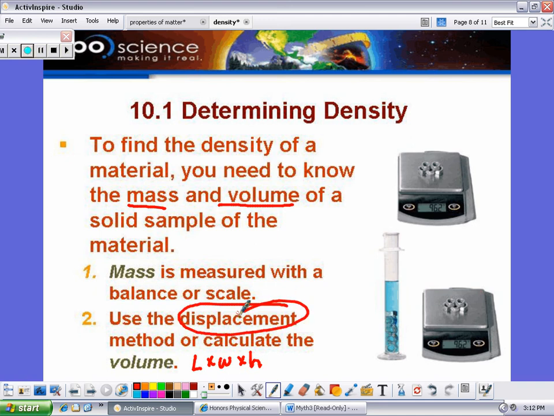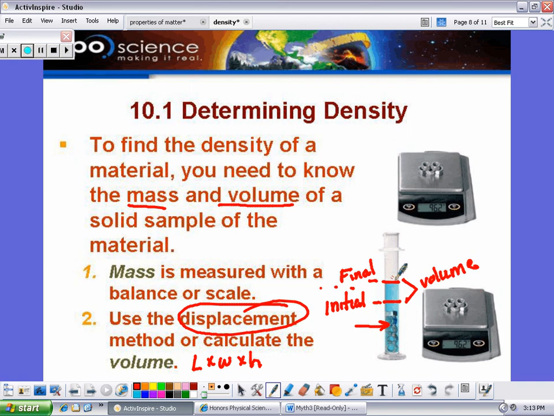Now, the important thing with the displacement method is you look at the graduated cylinder and you put in an initial amount of water. So this would be your initial amount. Once you put in your items, you look at your final amount and do the subtraction. The amount that is different is your volume.